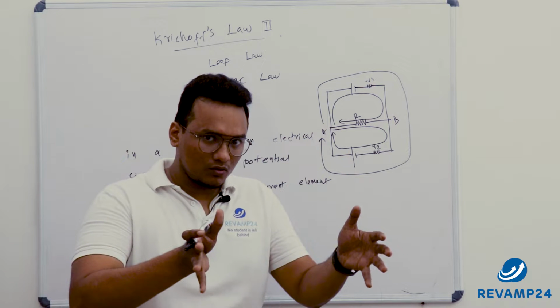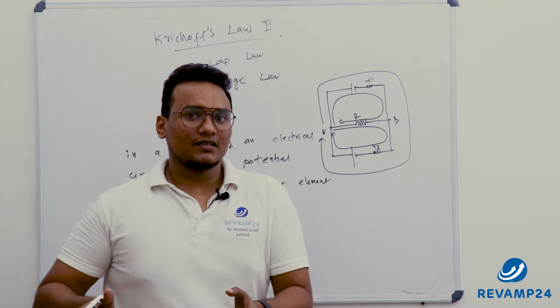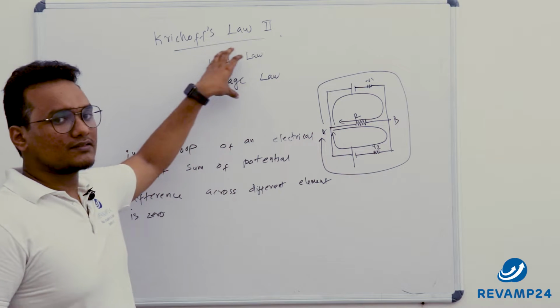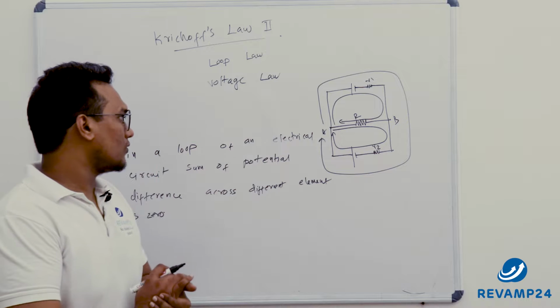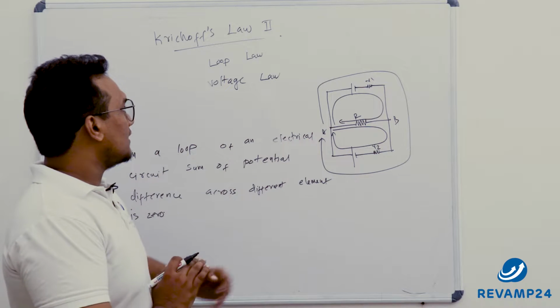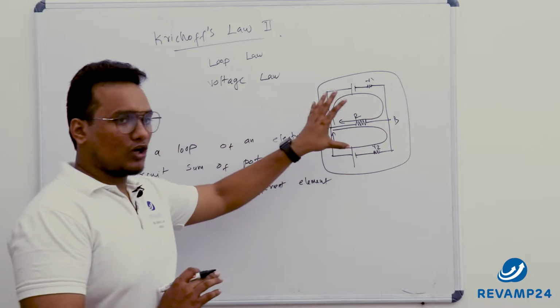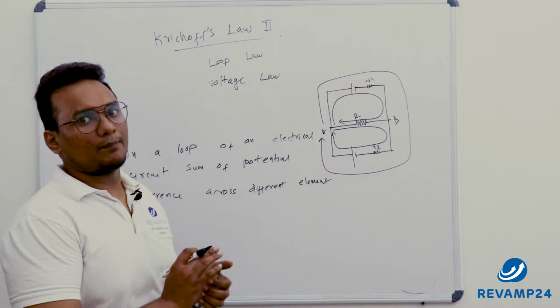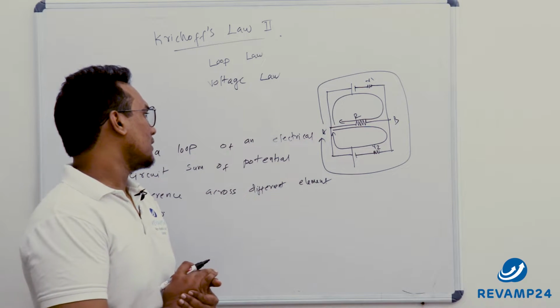The first rule has to be applied first, and only then should you start applying Kirchhoff's second law. By the time you apply the second law, you will know all the currents, because you have already applied Kirchhoff's first rule.